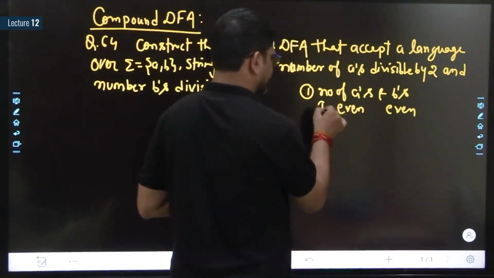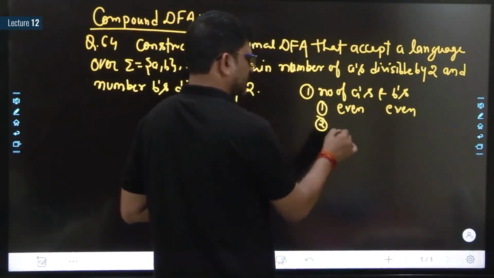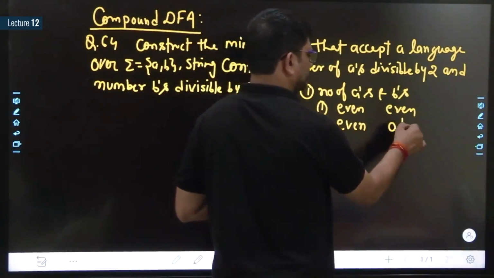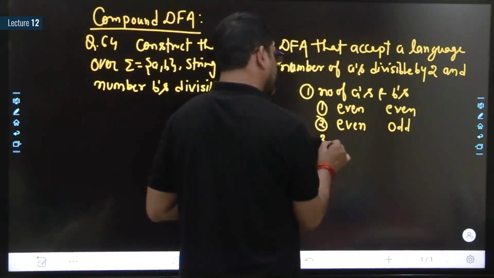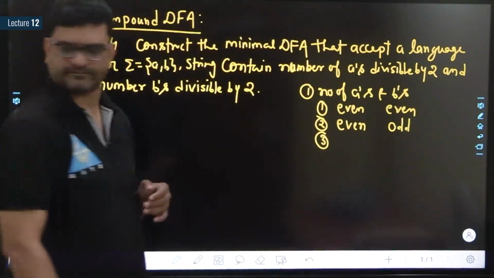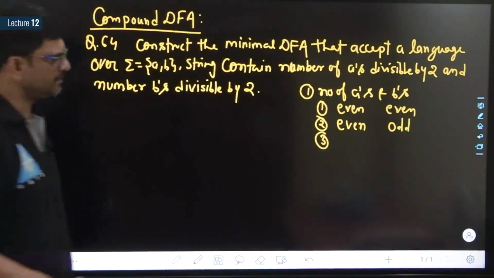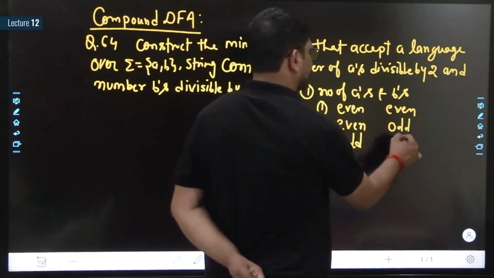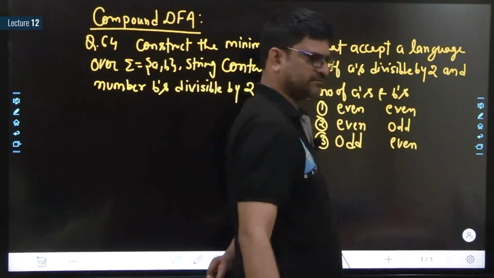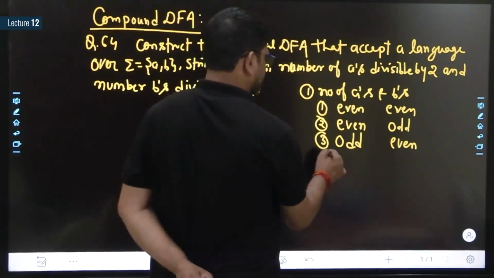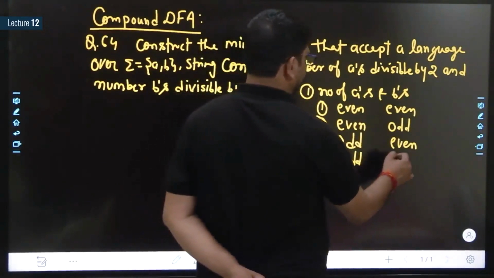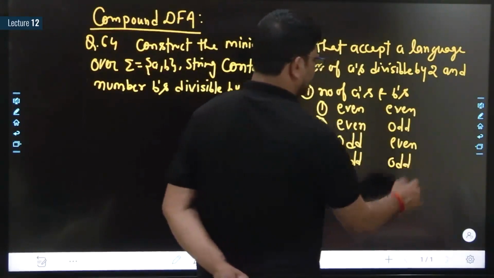Second, even A, odd B. Third question, odd A and even B. Fourth, both are odd: number of A's is odd and number of B's is odd. Clear?